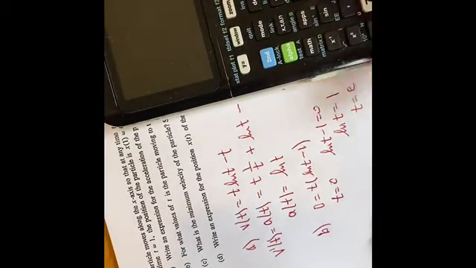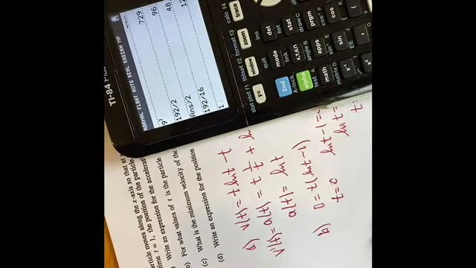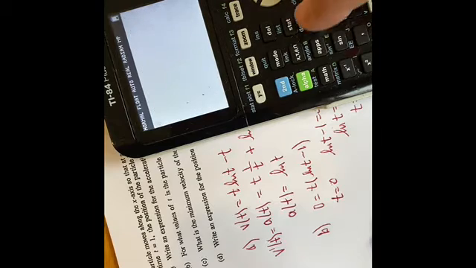For some reason, the natural log grows so slowly. Let's just check it out. x times natural log of x minus x.